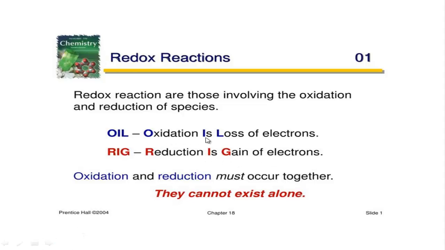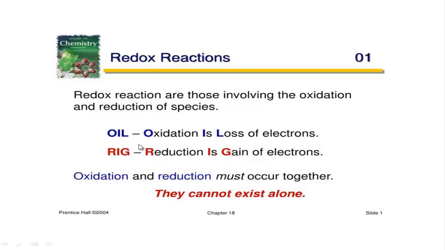The reactant in which release of electrons occurs is called the oxidation half reaction, and the reactant in which acceptance of electrons occurs is called the reduction half reaction.